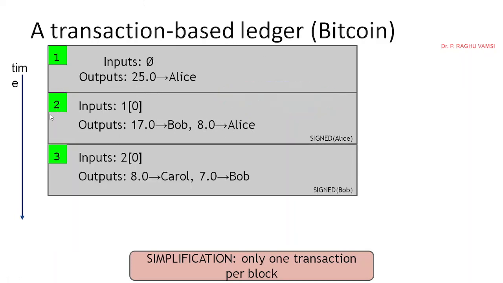Now in the second block, 2 transactions are there. One is this one and this one. Now with the first one, that is the 0th one, from this 17, 8 was sent to Carol.